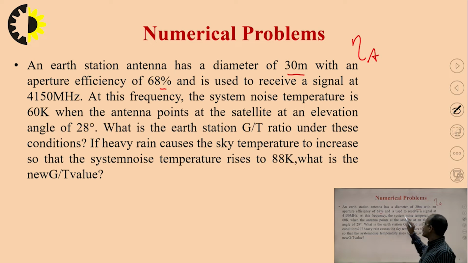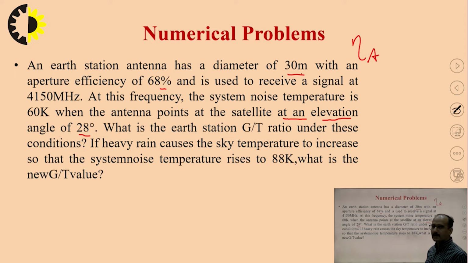At this frequency, the system noise temperature is 60 K when the antenna points at the satellite at an elevation angle of 28 degrees. These are the given inputs: diameter 30 meter, aperture efficiency 68%, frequency 4150 megahertz, system noise temperature 60 Kelvin and elevation angle 28 degrees.